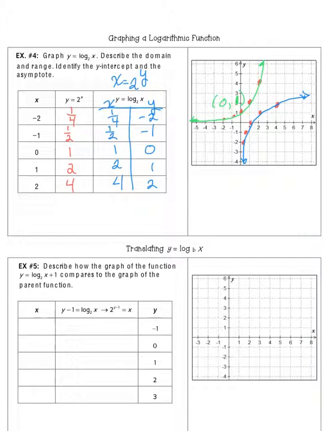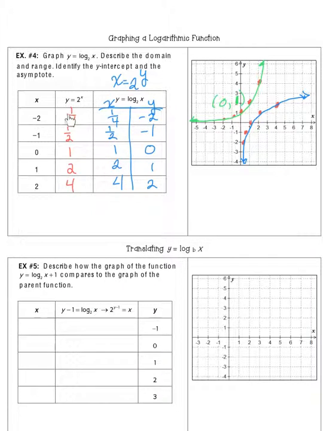And what you're going to notice is that, remember how on the green graph here, your horizontal asymptote was here? Well, notice that this graph is approaching this line right here. Well, you ended up getting a vertical asymptote of x equals 0 here. So the asymptotes switch.